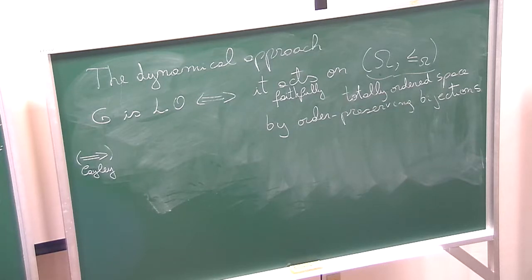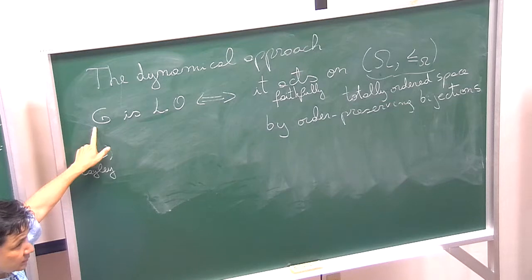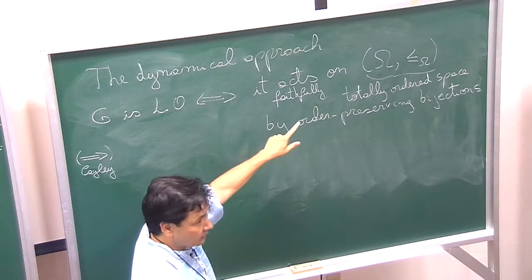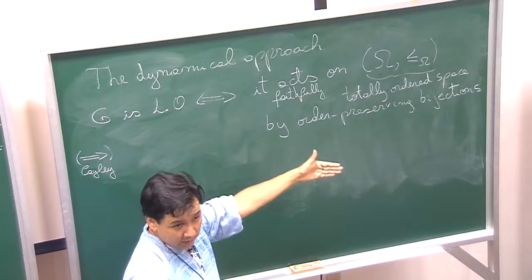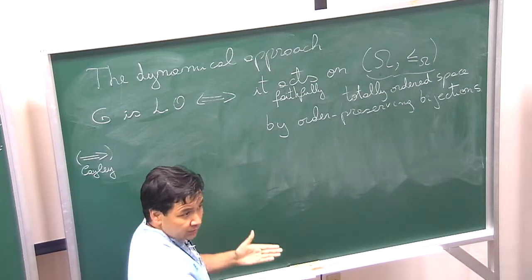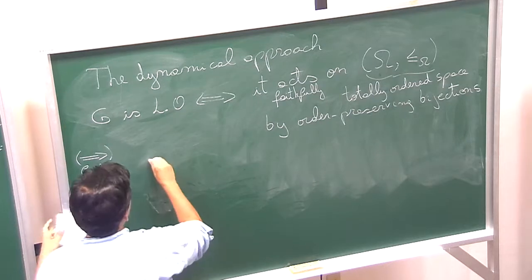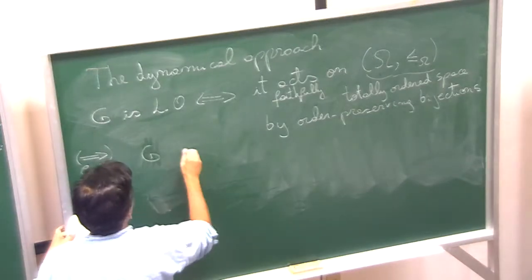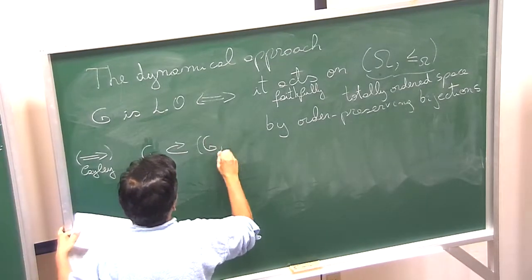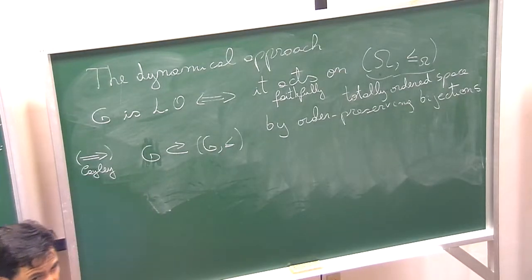Now, if your group is left orderable, then you can consider that Omega is your group, and the order on Omega is the order on the group. And then you implement the Cayley proof, and what you get is that the group G acts on itself by translations. And this is a faithful action, and it preserves the order because the order is left invariant. Okay? This is tautological.